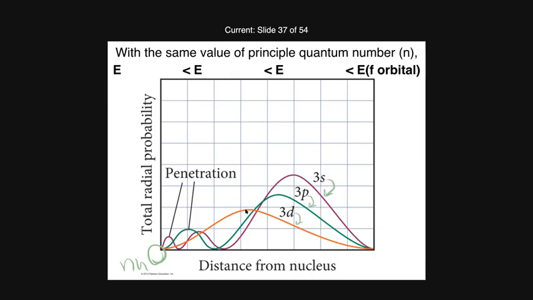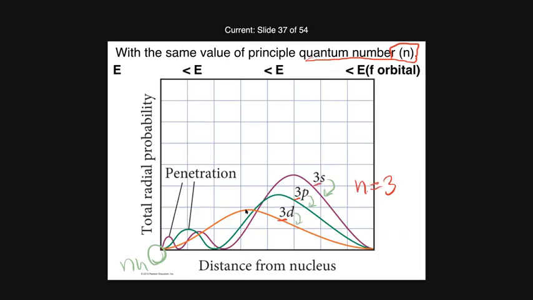If I arrange the energy for each of these orbitals, note that I'm comparing with the same n value, so this is when n equal to 3.